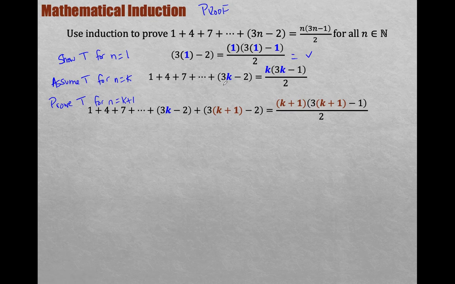Right? So notice that I took everything here, copied it over here, and then I wrote the next term, and into here I plugged in the next term into the formula, right? Now do your replacement step.